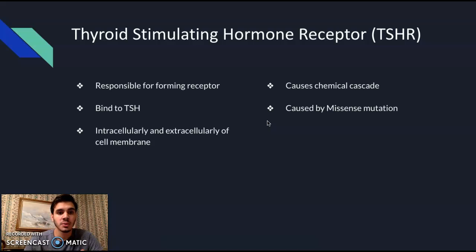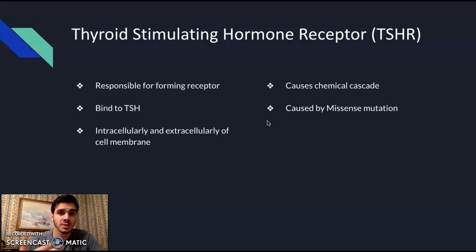They are supposed to sit intracellularly and extracellularly on the surface of the cell membrane and act as a lock and key. So when the thyroid stimulating hormone comes up to it, it will lock into that receptor, and it will cause a chemical cascade to occur, as you saw with the feedback loop before.